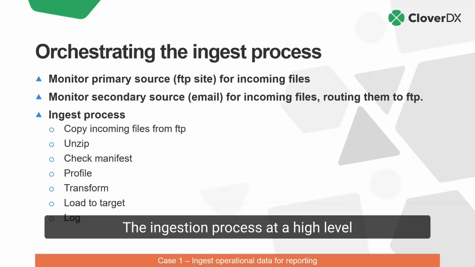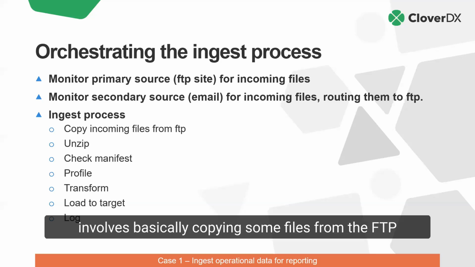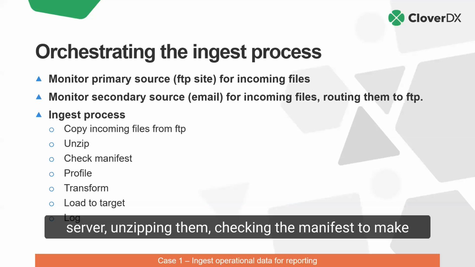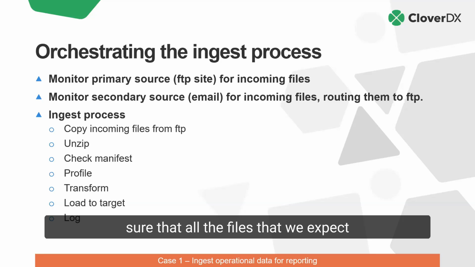The ingestion process at a high level involves copying files from the FTP server, unzipping them, checking the manifest to make sure that all the files we expect for that particular client are indeed present. Then we do some profiling, which is what we'll focus on, and then we transform and load the data and then log our results.